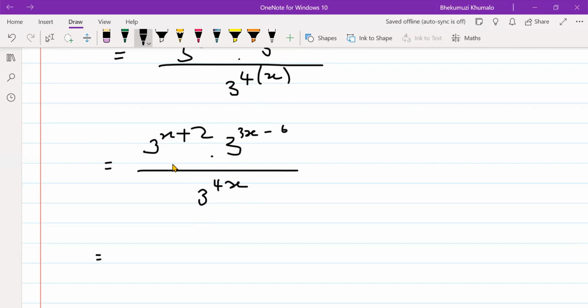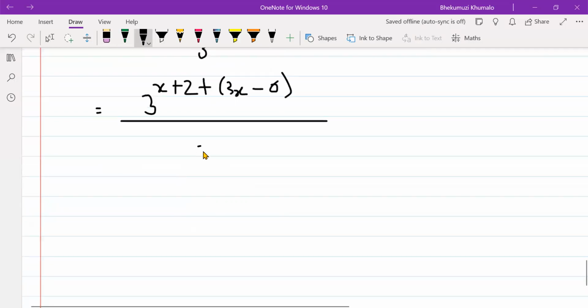So since now we have base 3, what do we know about exponential rules? When we are multiplying terms with the same base, then we can add our exponents. So then we have 3 to the power x plus 2, plus 3x minus 6, all over 3 to the power 4x.